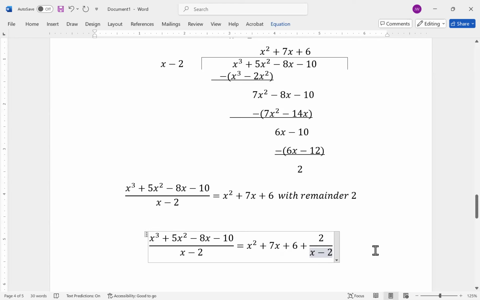That's another way to write the answer. Remainder 2 means we haven't yet divided that 2 by my divisor of x minus 2. So either one of these is an appropriate answer.